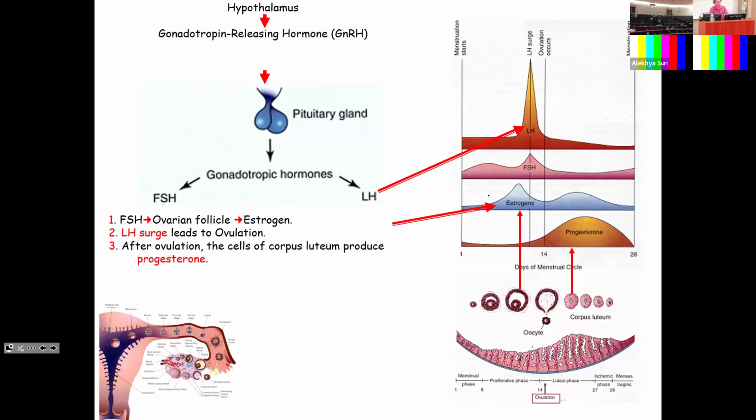Okay, so what do the ovarian hormones, estrogen and progesterone, do? They act on the uterine wall, the endometrium, the lining of the uterus, and there are different processes. Estrogen acts at the proliferative phase, making the lining of the uterus, or the endometrium, proliferate. That happens every month, okay? Every 28 days.